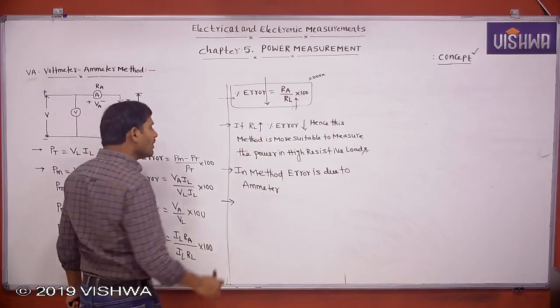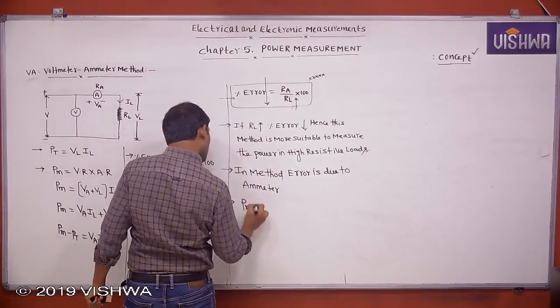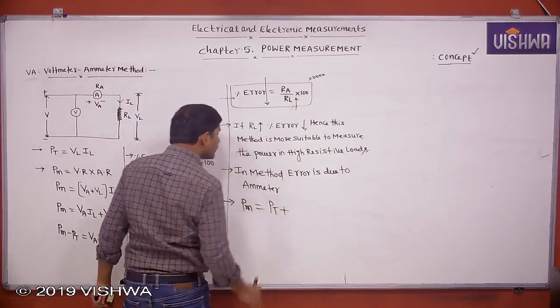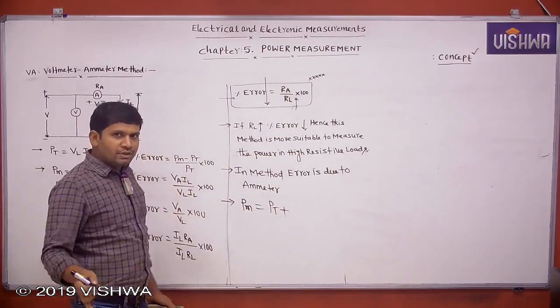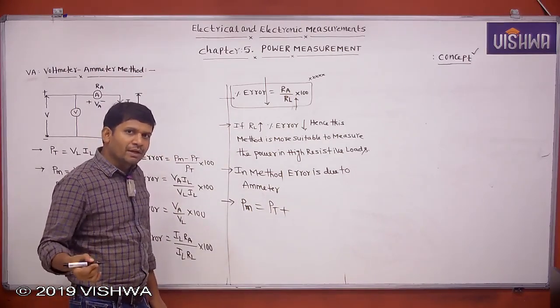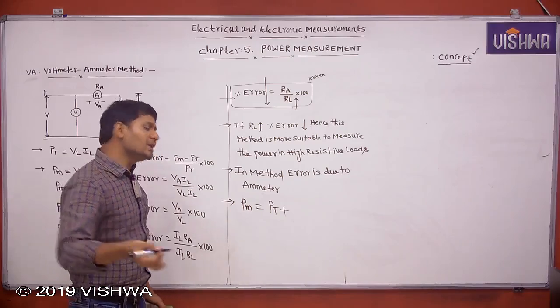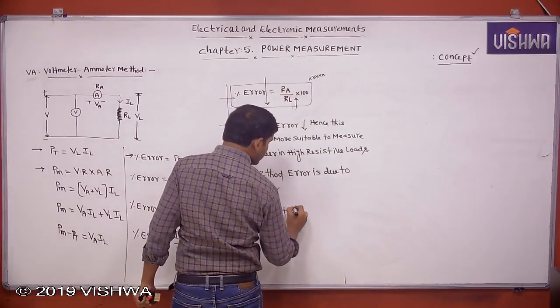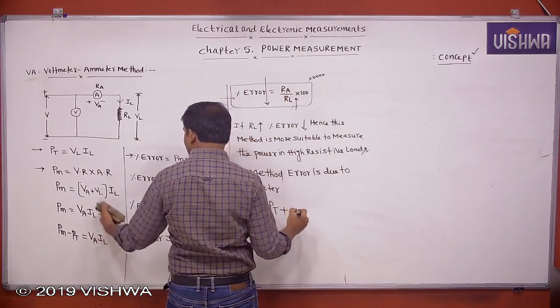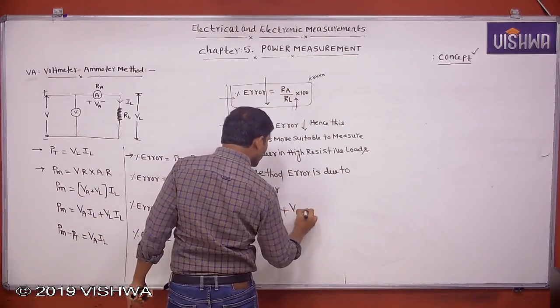Therefore, measured power equals true power plus something. The error is due to which one? Ammeter. Then which consumes the power? Ammeter. That is the power consumed by ammeter. What is the power consumed by ammeter? VA into IL.